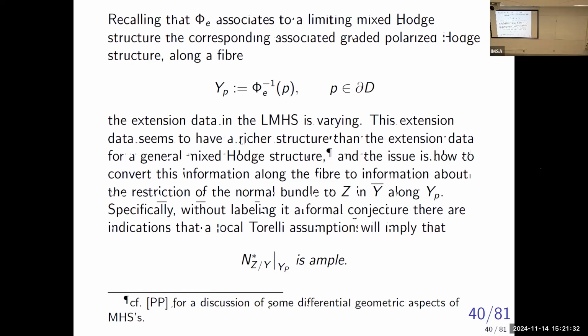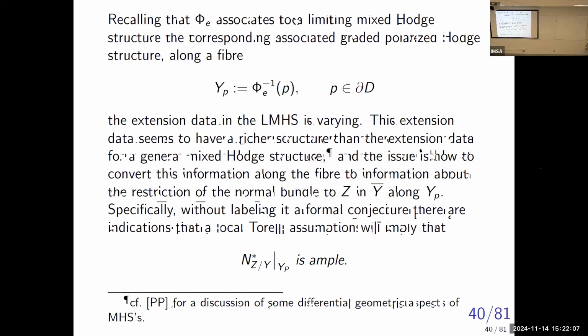And there is a conjecture here that if you make a local Torelli assumption, that is, the differential of the period map at infinity is locally injective, then the conjecture is that the conormal bundle on the strata, that's what the notation there is supposed to designate, is ample.